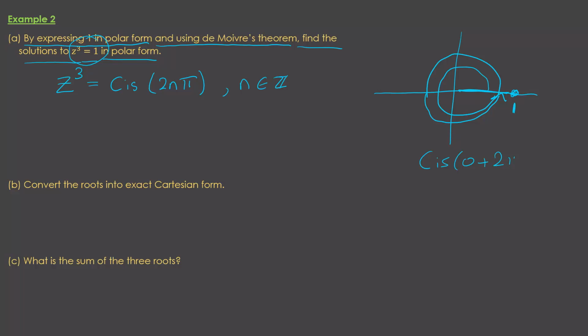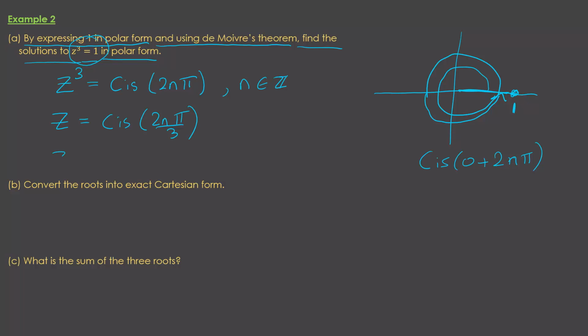So that's why it's 0 plus 2nπ. That means, using De Moivre's theorem, that z is equal to cis 2nπ divided by 3.